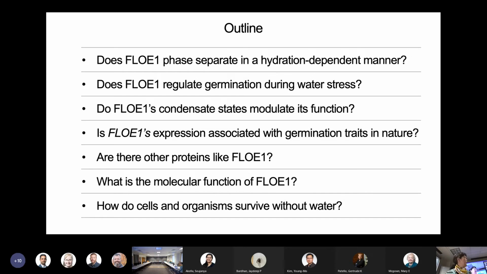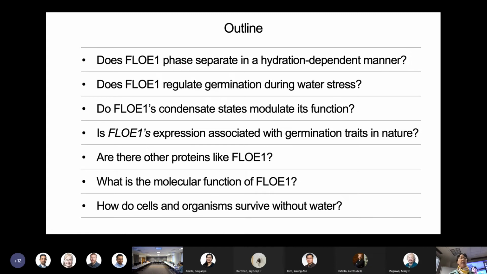And so we asked a set of questions as follows. This is what I'm going to talk about today. We first asked whether this protein phase separates into these liquid droplets, and whether that phase separation happens in response to water.